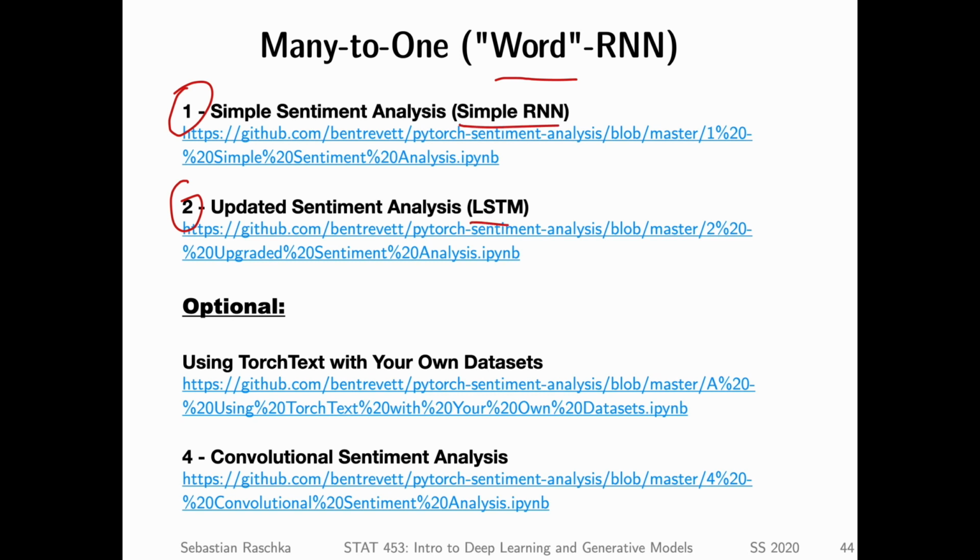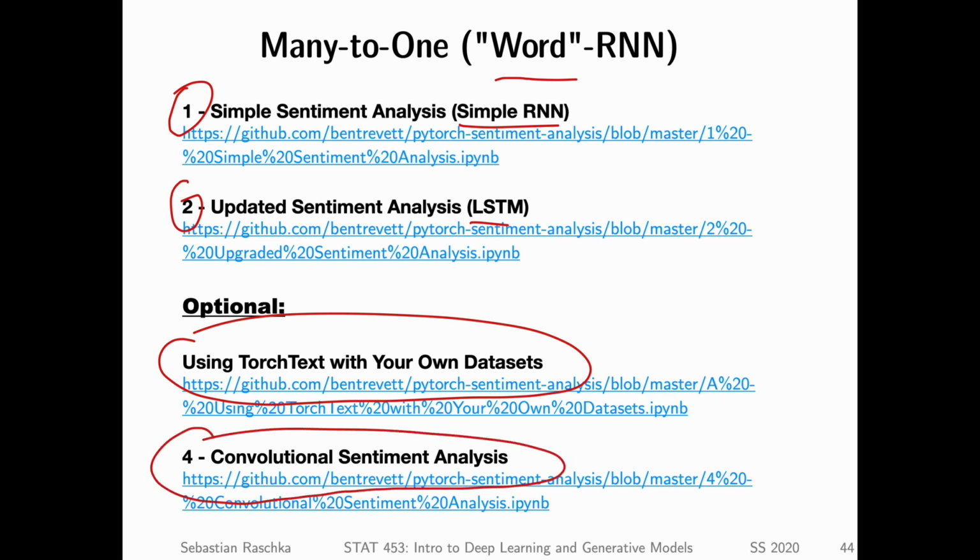The coding style is a little bit different from my coding style, but I think the explanations in the notebooks make it really useful for you to read, because in my notebooks, I didn't have that much time to write many comments. Again, there are also tutorials for working with your own datasets, and even one for using convolutional networks for sentiment analysis, which is maybe also interesting to you.